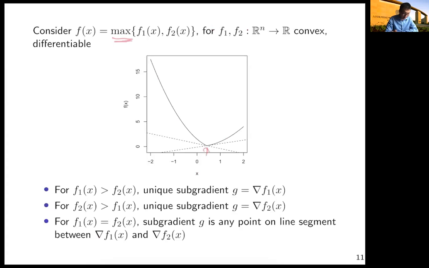So when we take the pointwise maximum, what is the corresponding subgradient of f of x? When you are in the region where only one of the functions applies, say in this region where this is f1, when you evaluate the subgradient at say x equal to -1, and this is a part where only f1 applies, then clearly in this case the subgradient is equal to the gradient, right?